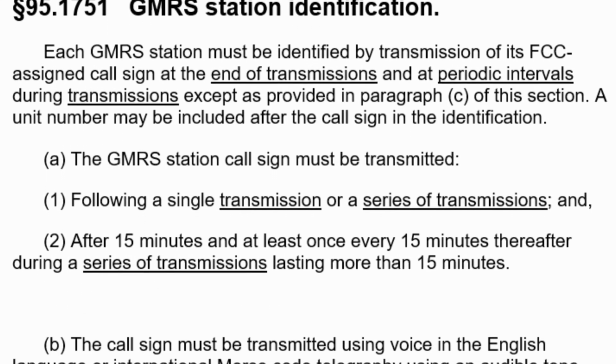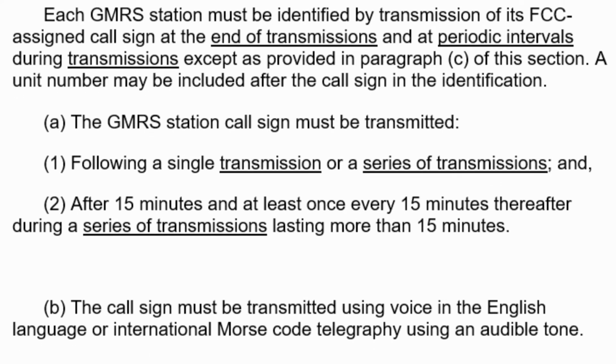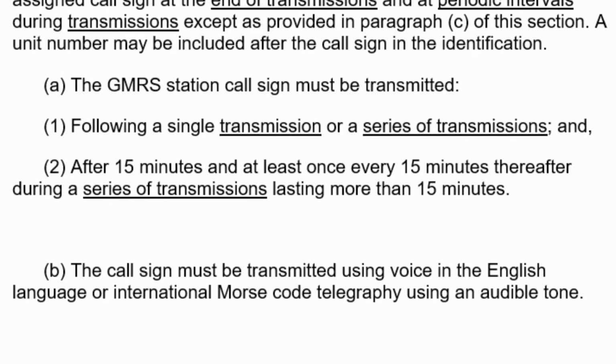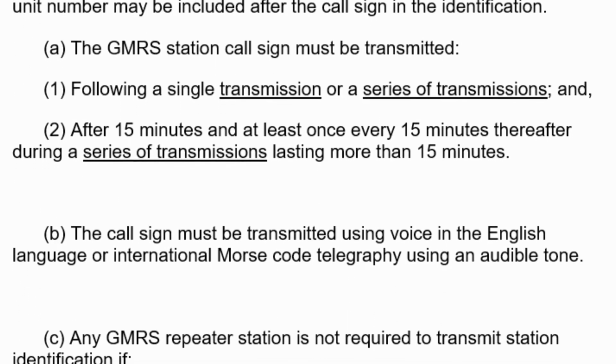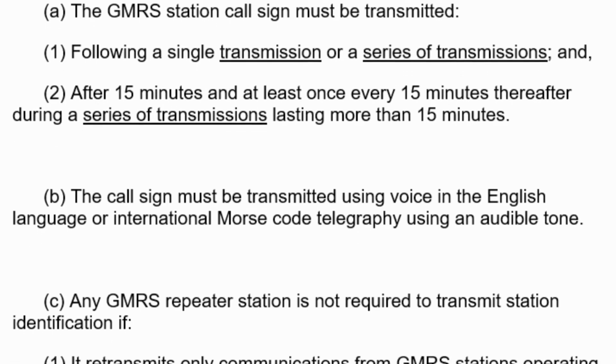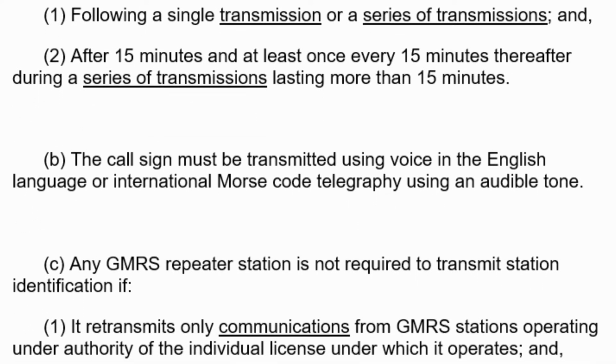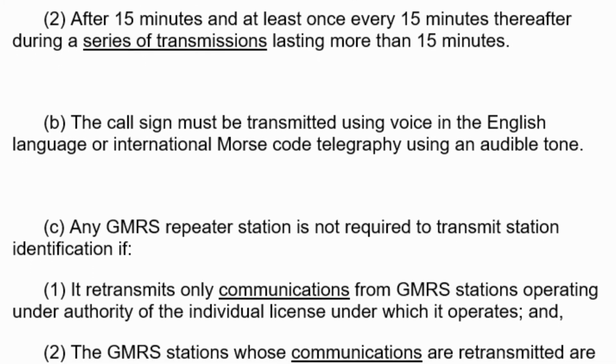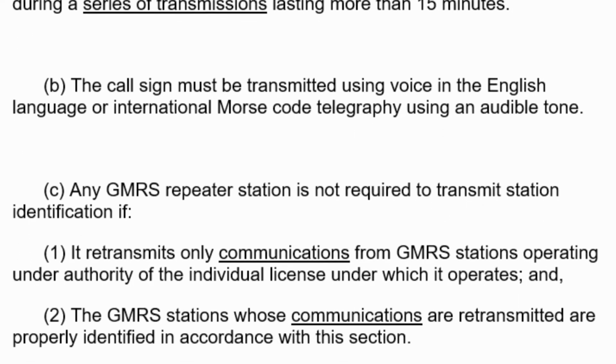So when we read a federal regulation or law, and it says, referring to paragraph C, well, the best thing to do is to just jump down to that paragraph and see what they're talking about.